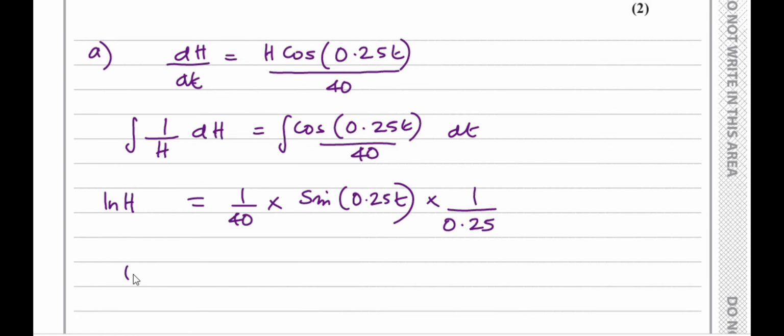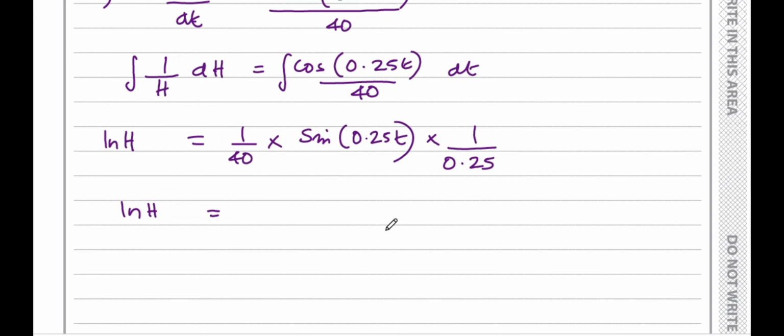So that is ln h is equal to 1 over 40 times 1 over 0.25, and there is also a plus k we need to write here. When we integrate, there will be a constant on the left and a constant on the right, but we can accumulate all the constants to the right with one single k.